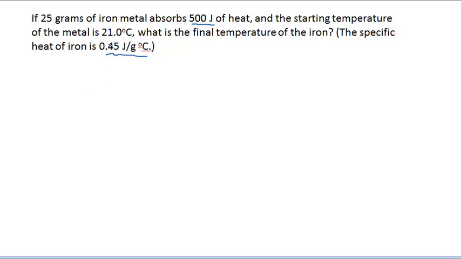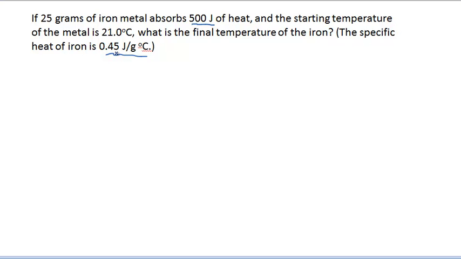Okay, and these units, I know they look rather bizarre. It's joules per gram per degree Celsius. And so the way to think about this is if you had 1 gram of iron and you wanted to raise the temperature of that 1 gram of iron by 1 degree Celsius, it would require putting in 0.45 joules of energy.